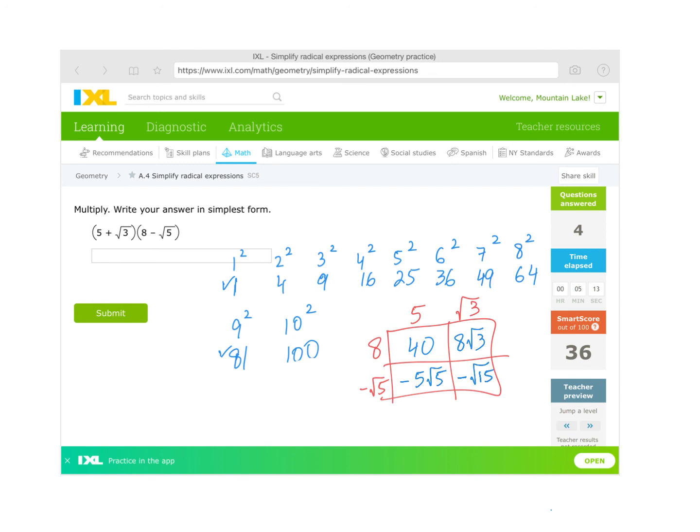So if we were to bring all of this together, we would have 40 plus 8 square root 3 and then minus 5 square root 5 and minus square root 15.